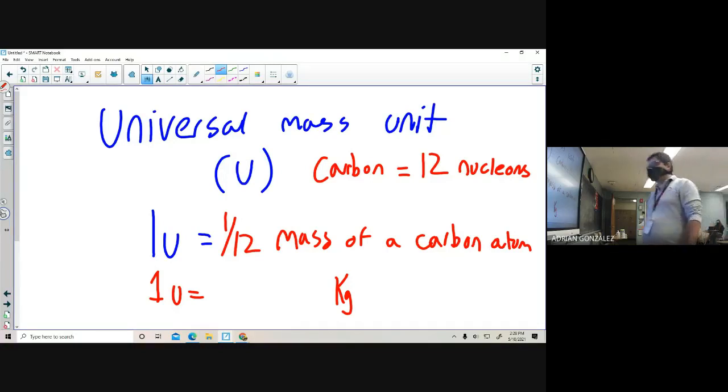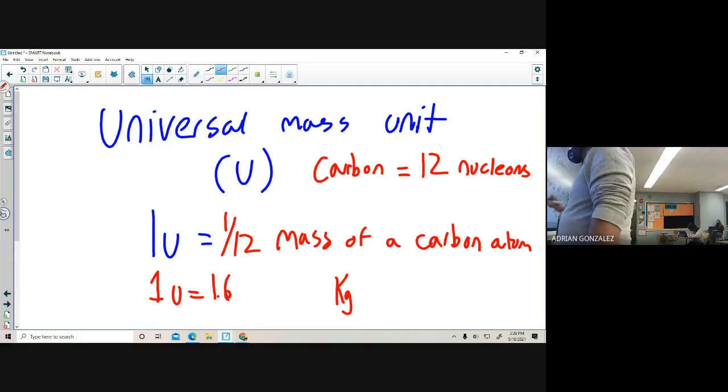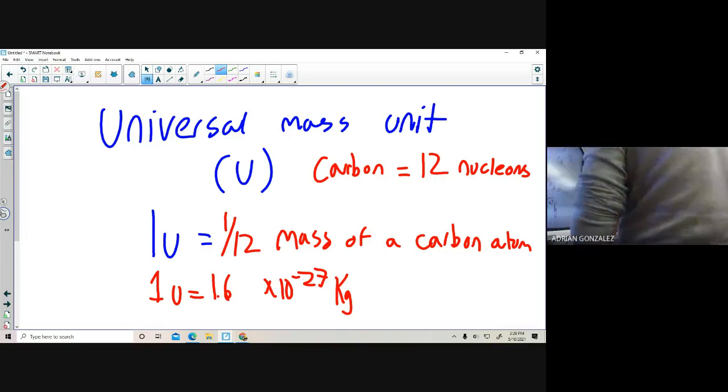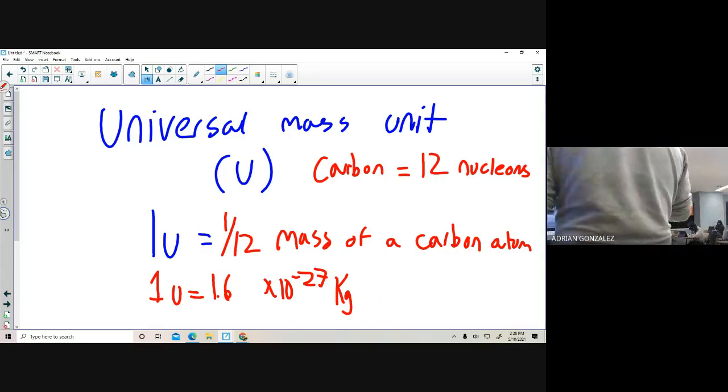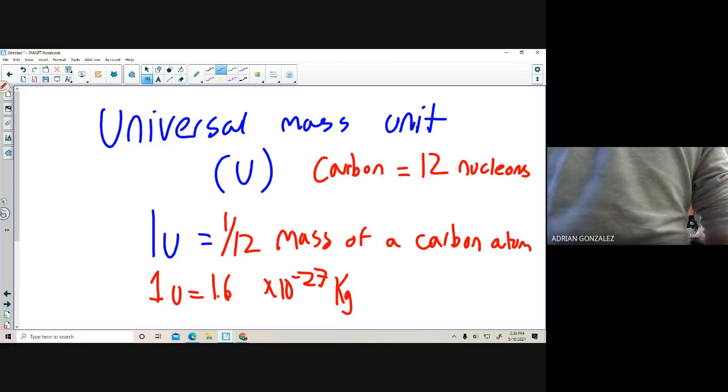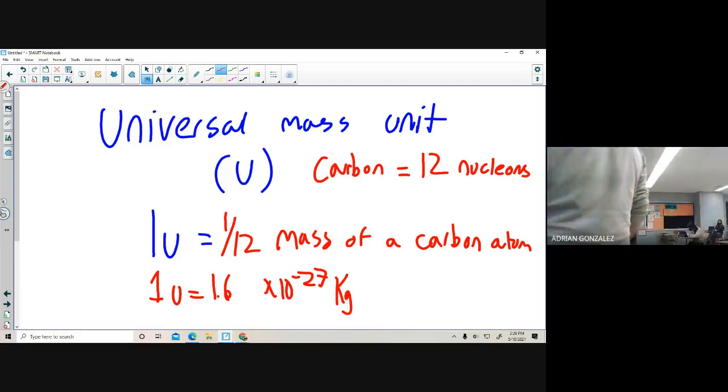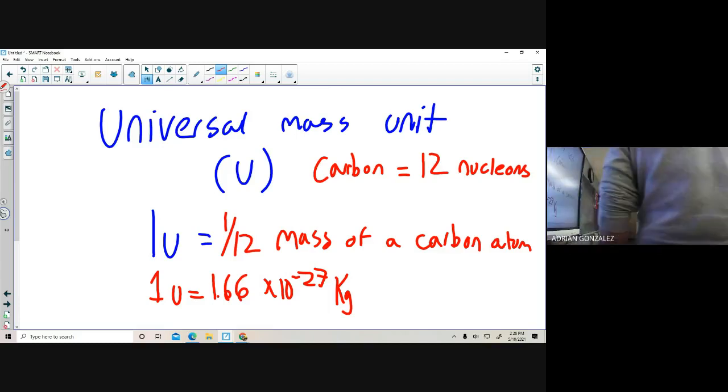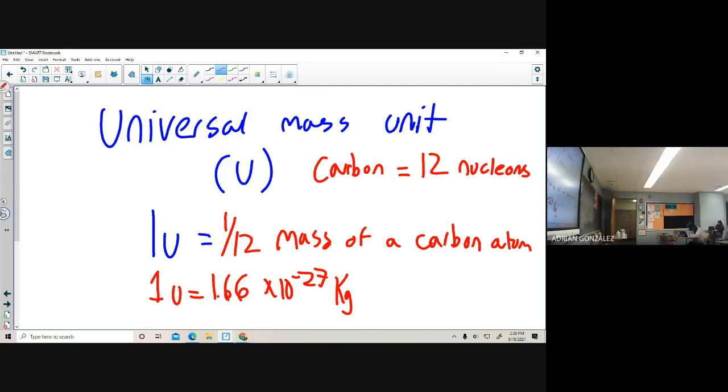What should be there? 1.67 times 10 to the negative 27, right? But when they actually did the math, what they found was 1.66. Which, when you look at it, you go, it's 100th of a place off. That's not bad. It's pretty accurate.